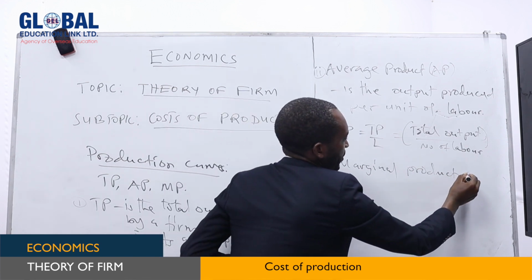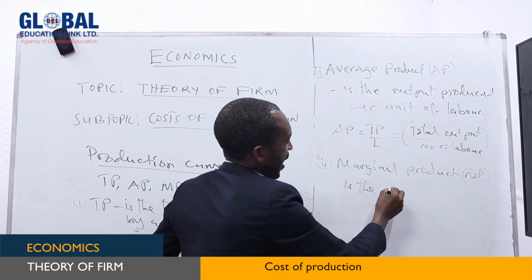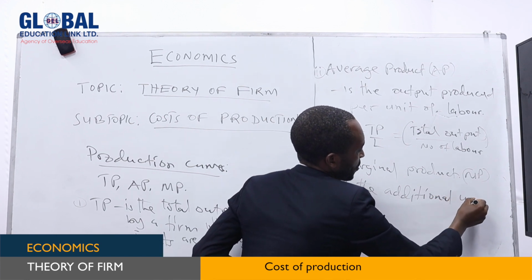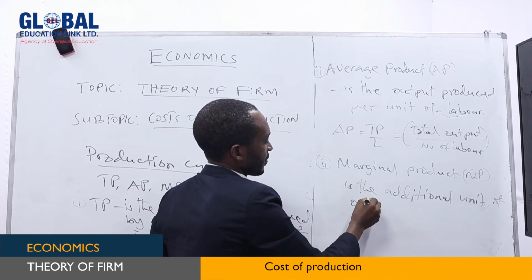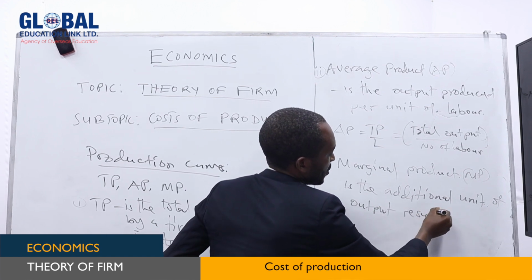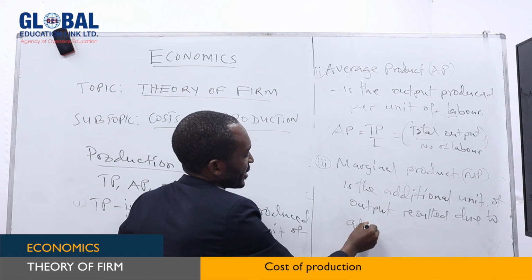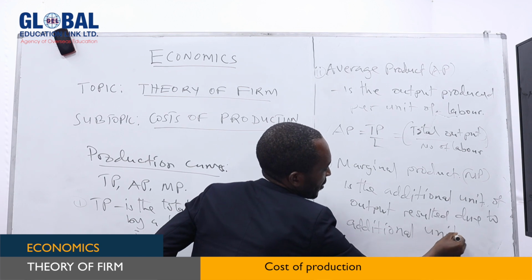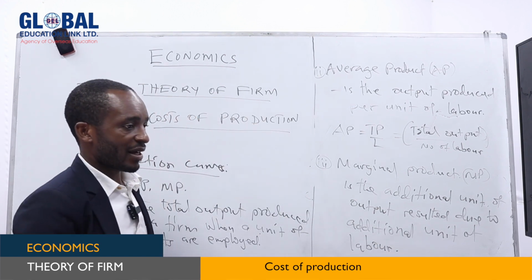So marginal product, or MP, is the additional unit of output resulting due to an additional unit of labor.